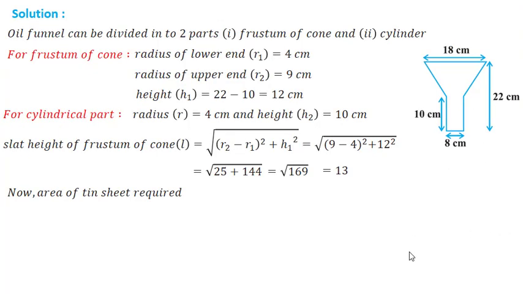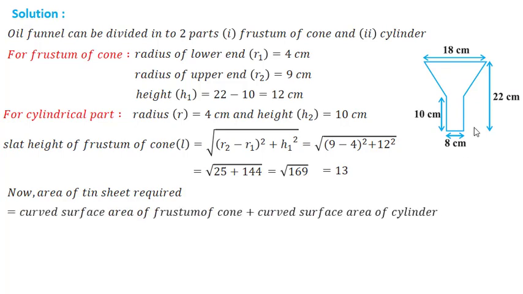Now the area of tin sheet required is the curved surface area of frustum of cone plus the curved surface area of this cylindrical portion. Curved surface area of frustum of cone is pi times (R1 plus R2) into L, and the curved surface area of the cylindrical portion is 2 pi R into H2.